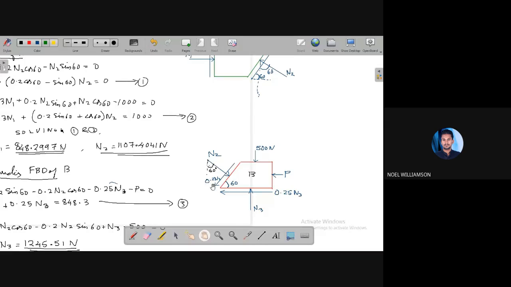So this 0.2 N2 will be acting in the opposite direction. Also, 0.25 N3 will be in the opposite direction. So in that case, you will get another value of P, that is the maximum value of P. So try to do your own maximum value of P.